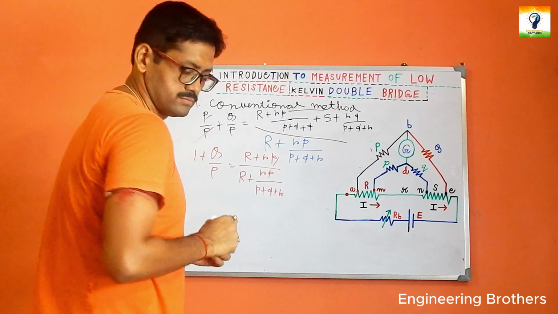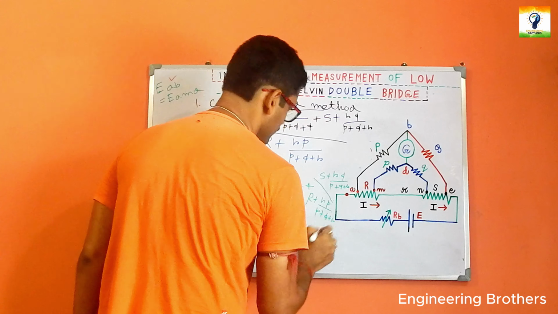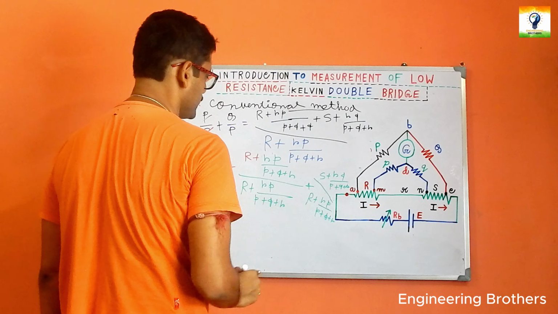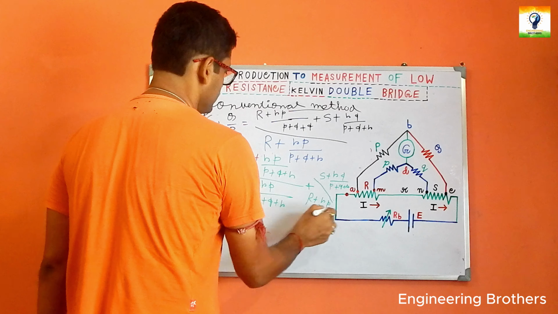This one should be our r, divided by the same one, which is r plus small p divided by p plus q plus r. So if you add these two expressions, you will get the previous expression over here. Quite naturally, this will be eliminated.